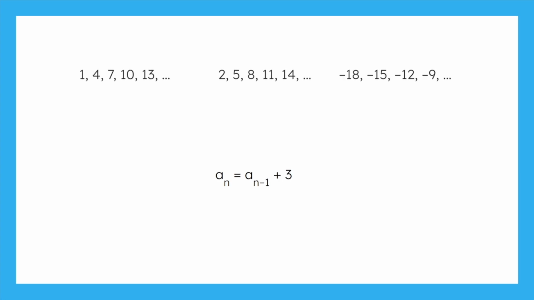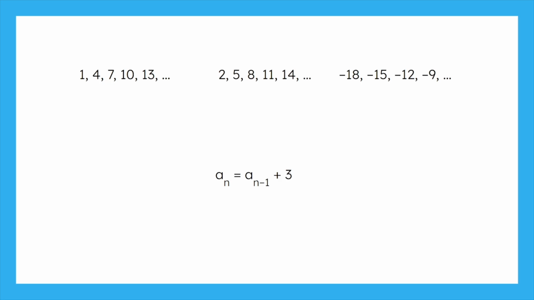All of these sequences follow this same pattern of taking the previous term and adding 3. So this equation describes more than just one sequence. What other information would we need to include for someone to know exactly what sequence we're talking about? What's something that would be important to know in order to build a sequence from the beginning?